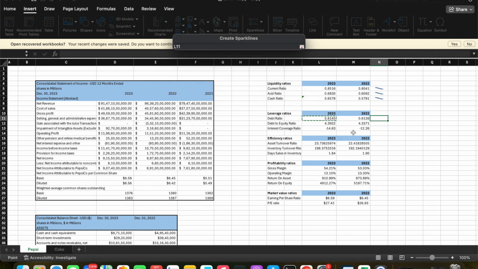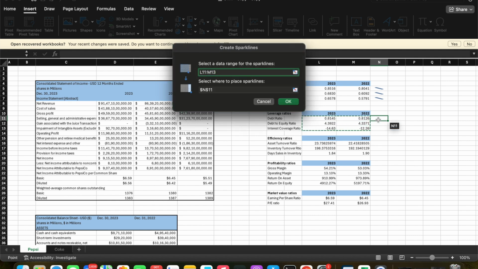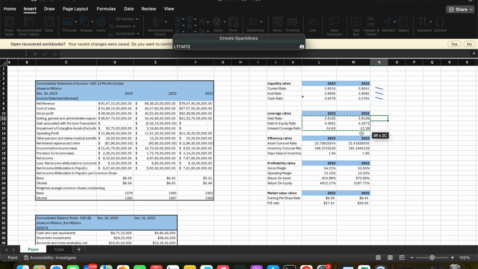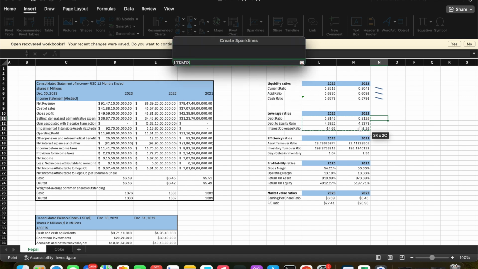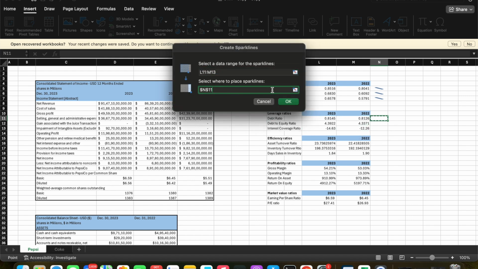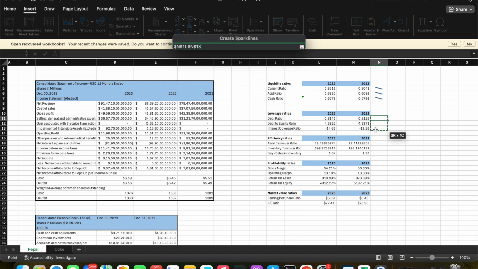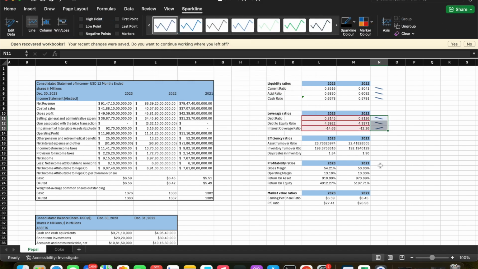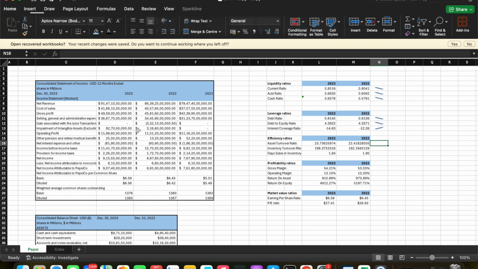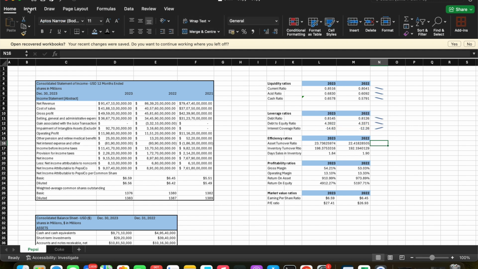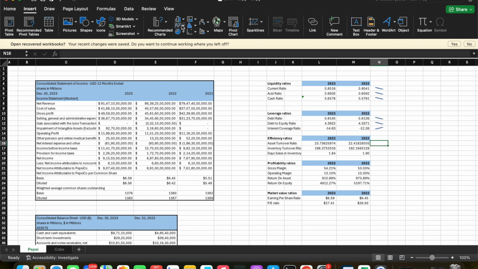Now the sparkline for the leverage ratio, and select the output line. Same, follow the same methodology. So we are going to do the rest of the data.